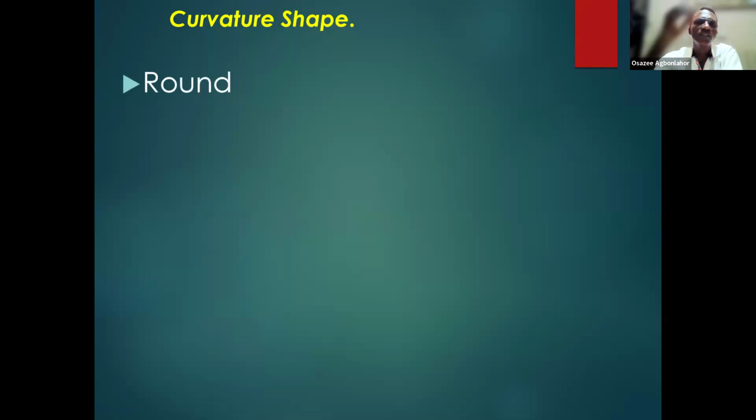So I was trying to explain that the perception that we as optometrists have is not far-fetched from what the regular layman in the street has about the cornea or about the eye generally.